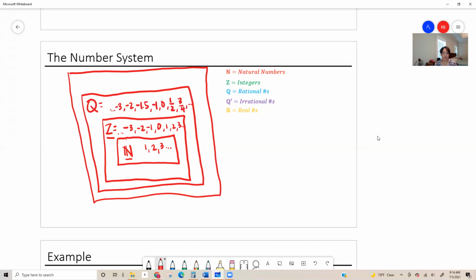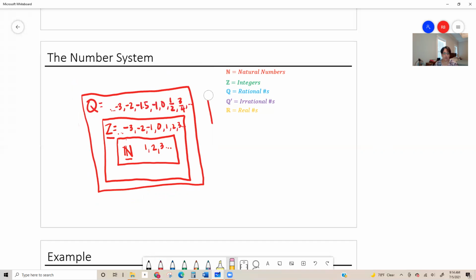Then you have your irrational numbers, which is one set that does not contain the other sets. So it doesn't work that way. Irrational numbers are out here on their own. They're separate.